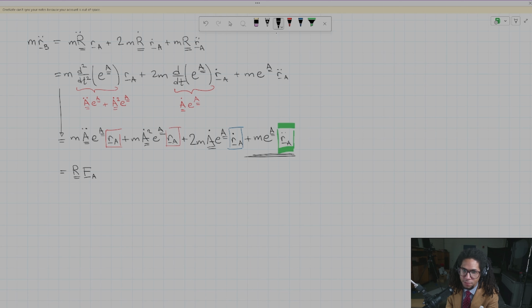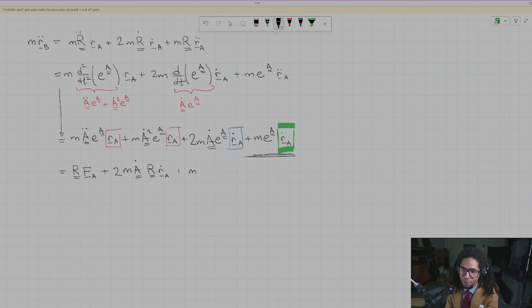Good. Now I have plus, let me actually go just in perfectly reverse order. I'll do this term next. So that gives me 2m A dot times R, the rotation matrix, r_a dot. Good. Then we get two terms together.